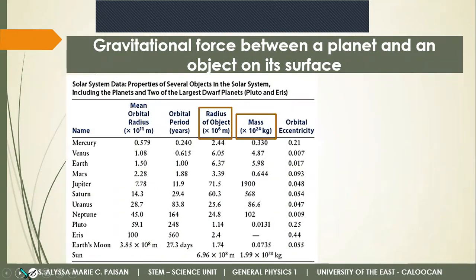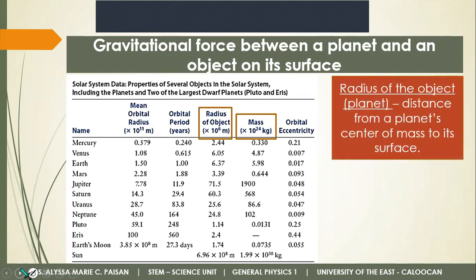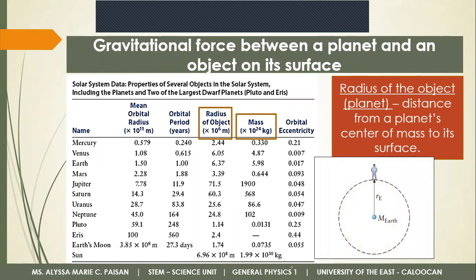Yan sabi ko kanina, kailangan natin i-differentiate. What is the radius of object or planet? It's the distance from a planet's center of mass to its surface. And we know, syempre, na yung center of mass ng isang planeta, although hindi talaga siya circular in shape, it's oblate spheroid, we assume approximately na spherical siya. So, ang distance from the center of mass towards the surface, that's the radius of the object or the radius of the planet.